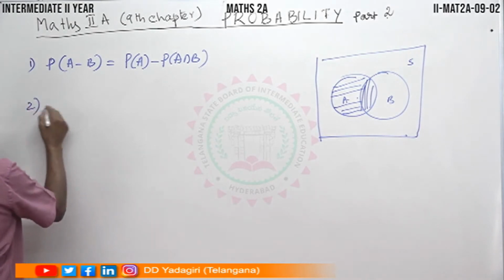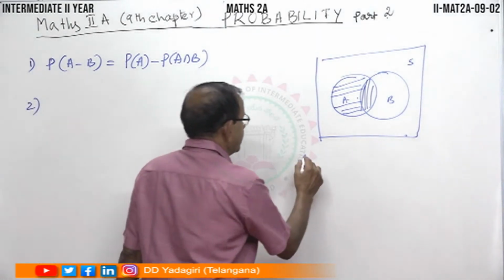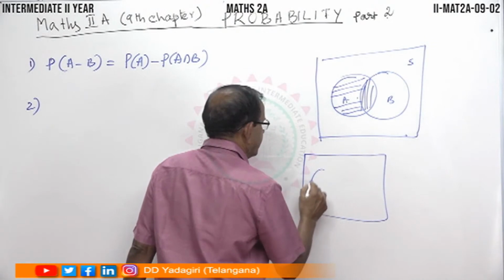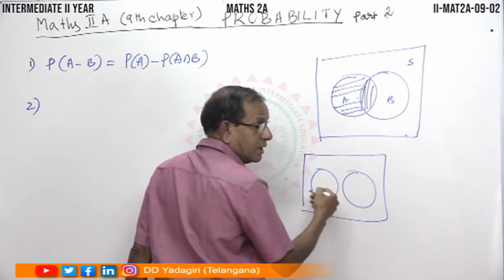And one more thing. Suppose two events, A and B, are mutually exclusive, no common points.